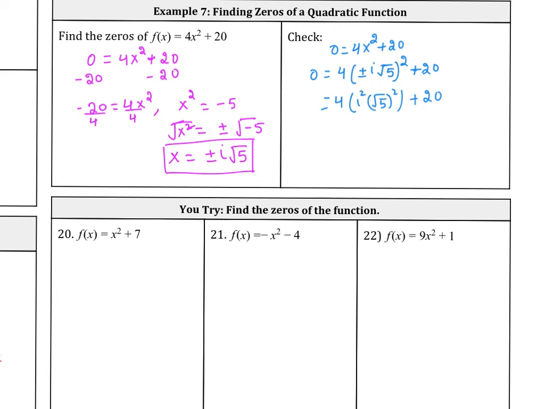Whenever we square any term, it's going to be positive anyway. So we don't have to write the plus or minus. Now for i squared, we're going to use negative 1, and square root of 5 squared is going to be 5. So it's going to be 4 times negative 5, that's negative 20, plus 20, which equals 0, and that is true because both sides came out equal to each other. It means this is a solution of this function.